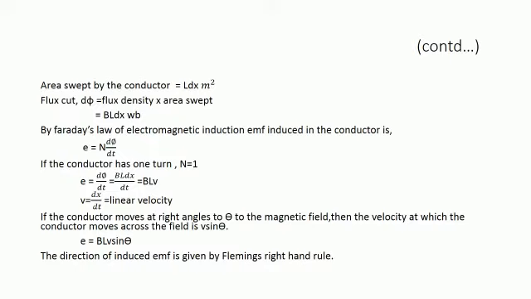If the conductor moves at an angle theta to the magnetic field, then the velocity at which the conductor moves across the field is V sine theta. So the equation becomes E equals B L V sine theta. The flux varies sinusoidally. The direction of the induced EMF is given by Fleming's right hand rule.